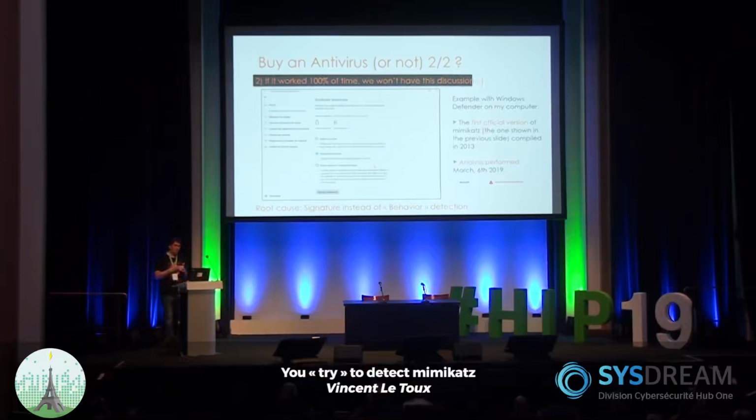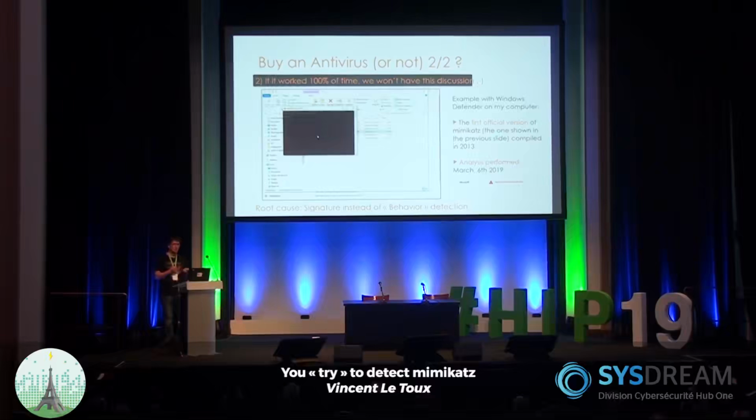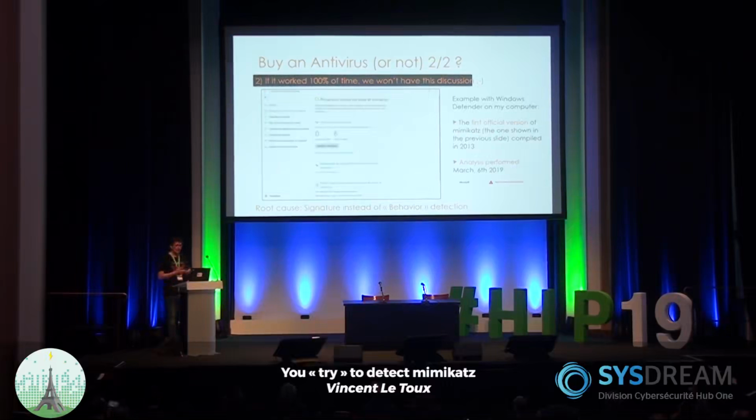So, in my opinion, the antivirus has a small database of malware, which doesn't include the old version of mimikatz, and you need to use the cloud version of the tools to be able to check it. So it's difficult. And I think if the antivirus were 100% effective, we wouldn't have this discussion right now.